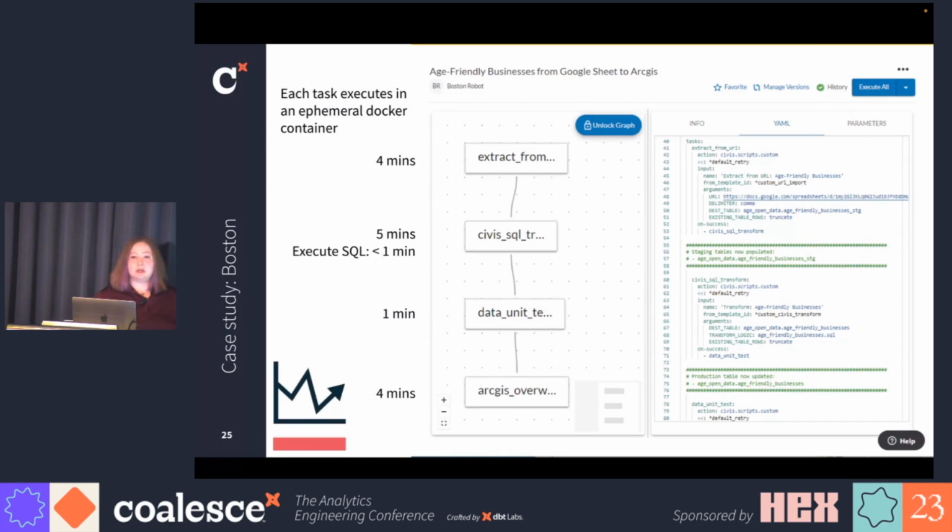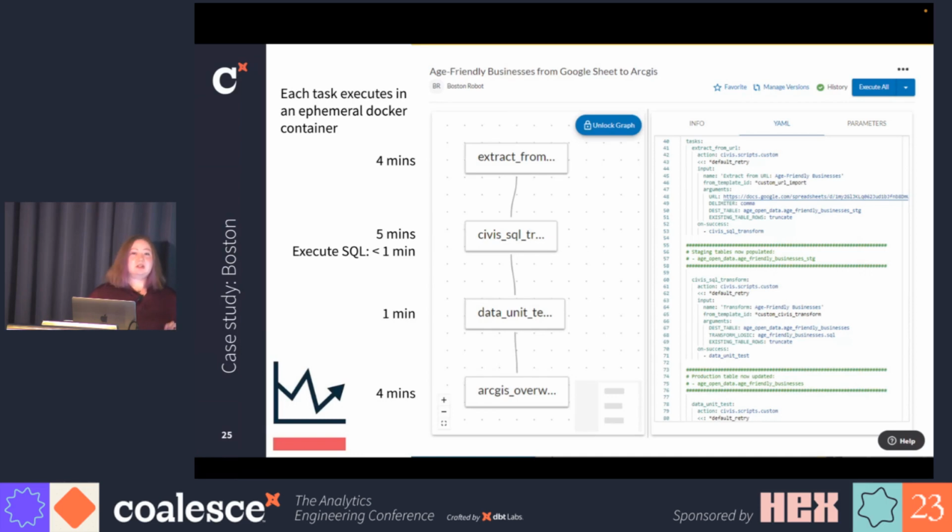Just for anybody who may be unfamiliar, this is what a standard Civis workflow looked like for our team. In each task, we're importing a data source, doing a transformation, doing a data unit test, and sending it somewhere else. Standard workflow. We are spinning up a Docker container to do one single SQL query, and it took 5 minutes to run due to some libraries that needed to be loaded.